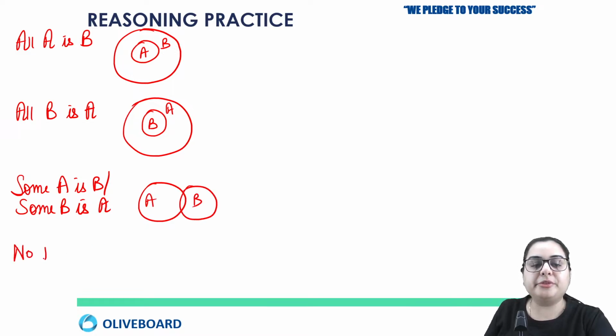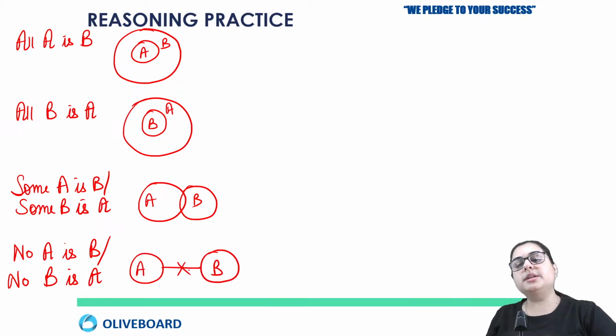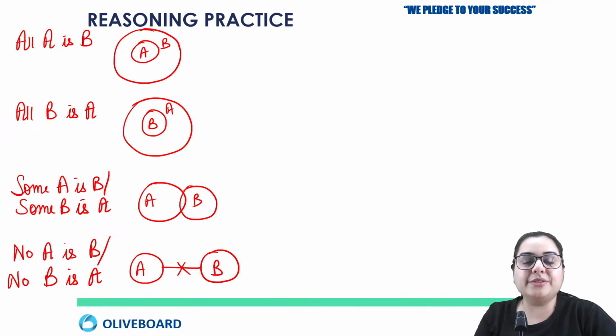And the diagram for no A is B and no B is A is also the same. So it is only in the case of all that you have a separate diagram, for all A is B and for all B is A. You have a separate, different diagram for both statements. But in the case of some, the diagram is the same for both statements. Also in the case of no, the diagram is the same, right? So this is how you make a diagram.